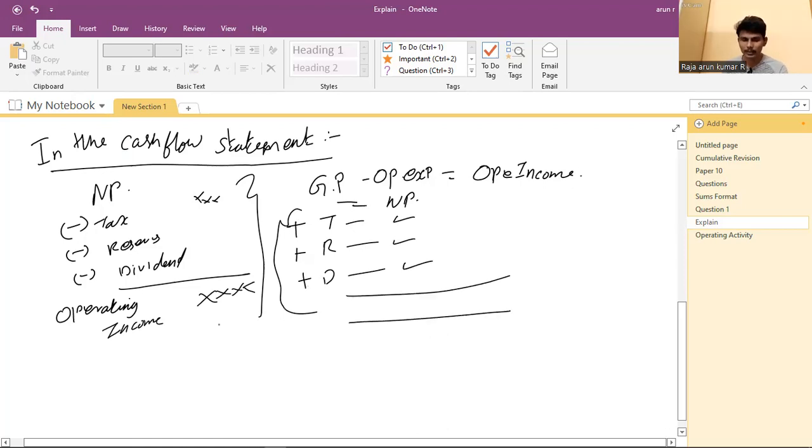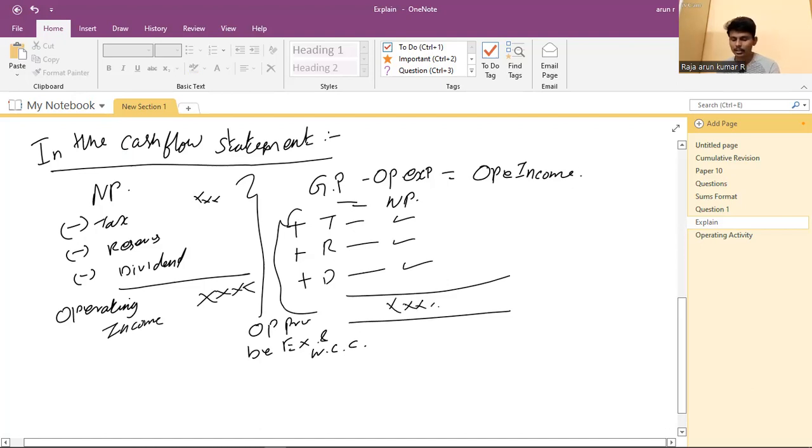It will come under operating profit before extraordinary item and working capital changes.